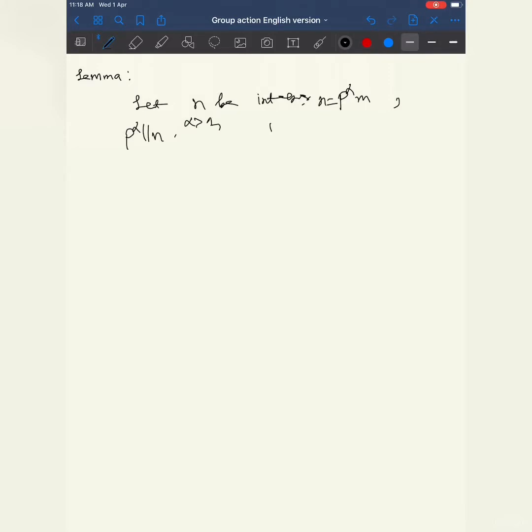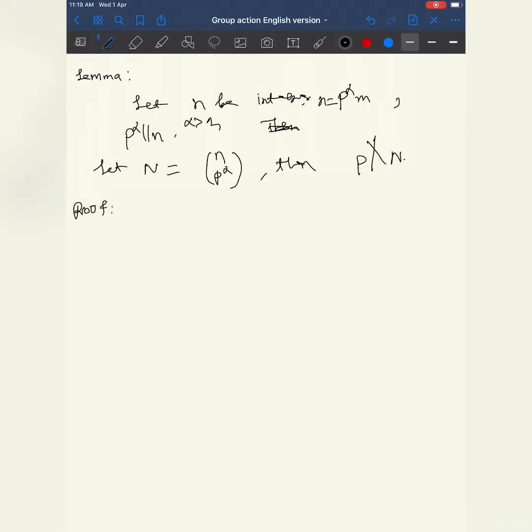Also this is greater than 1. Okay, that's very important. Then take this name, the binomial n choose p power alpha; then p does not divide it. This is a claim. That means I am taking the maximum power out, then p will not divide this thing.